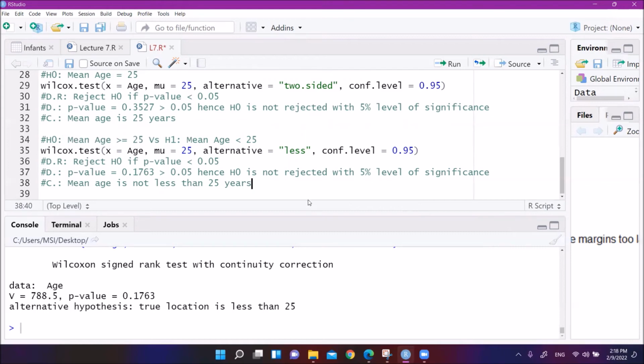If it's confusing, you can say mean age is greater than or equal to 25, but you can't copy and paste this one here. It's wrong, because the conclusion should always be given in plain language that a non-mathematician or non-statistician can understand.